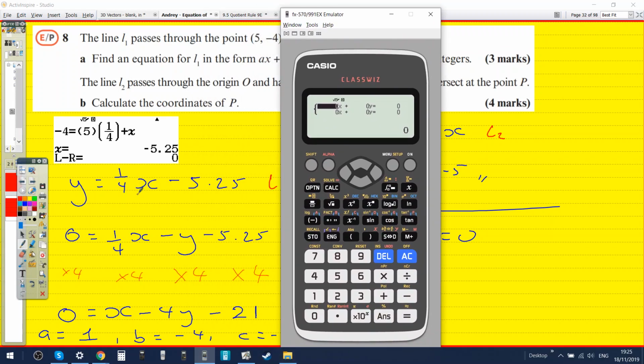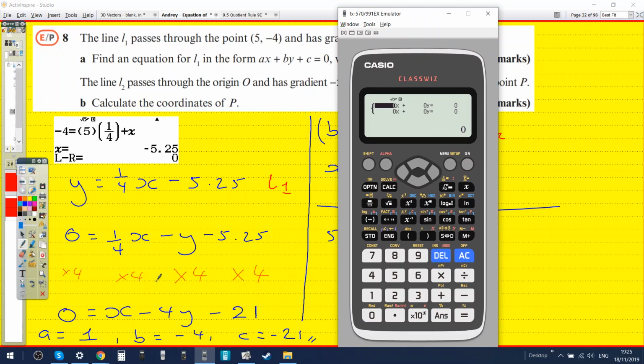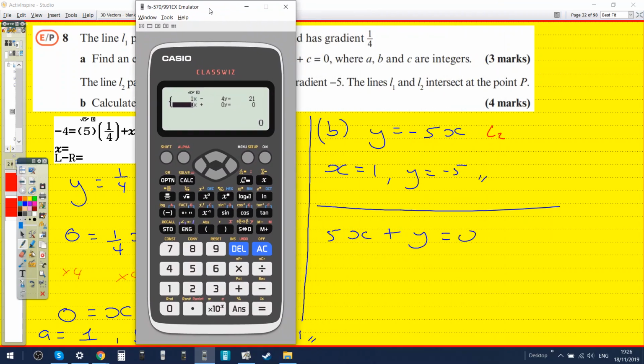So the first one, A is 1, B is minus 4, and the other one, equal to the number, would be plus 21. And then the second one, A is 5, Y is 1, and that's equal to 0. And X is 1, Y is minus 5. So whichever way you prefer, both will work. Any questions there?